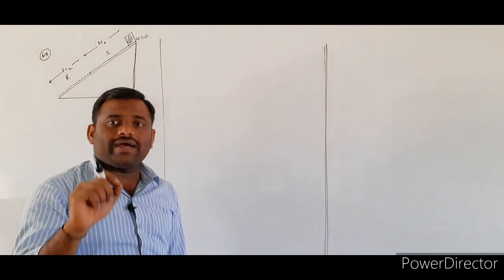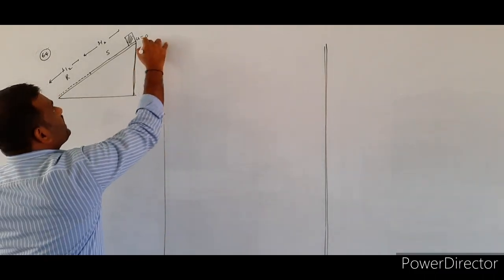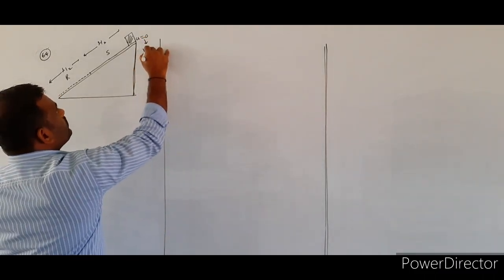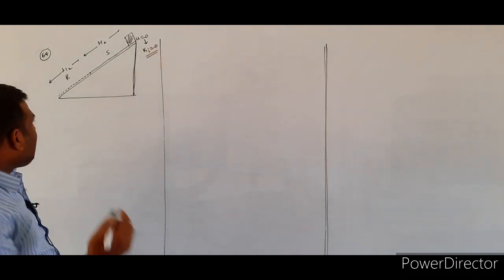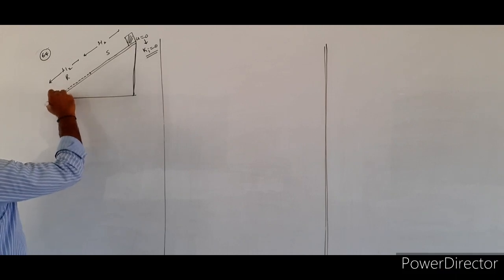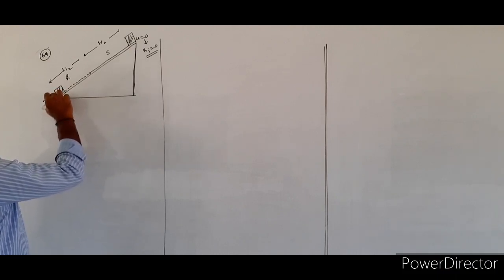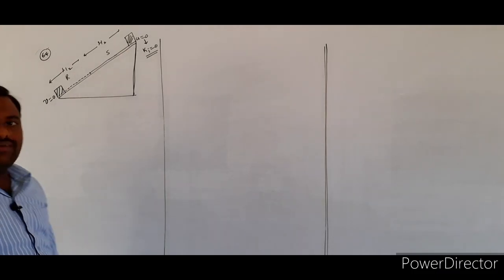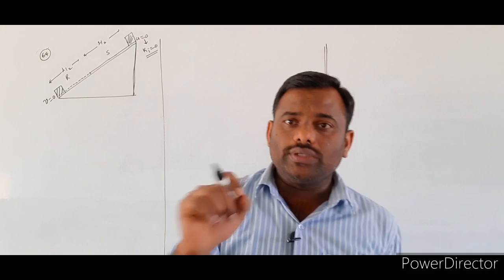Initial velocity is equal to 0, so the initial kinetic energy is equal to 0. And again they are saying that when it reaches the bottom of the inclined plane, its final velocity is again equal to 0. That point we have to understand.